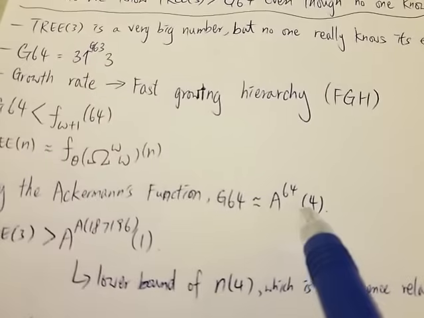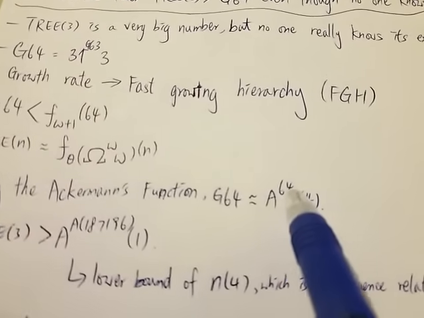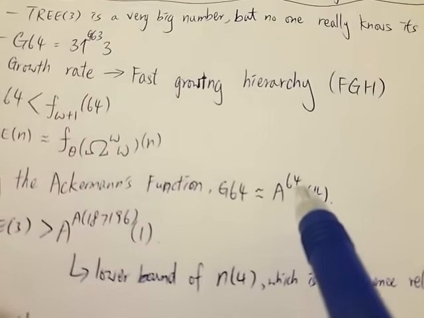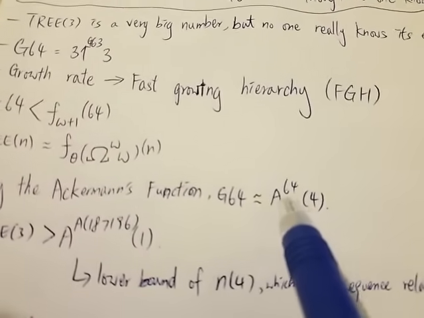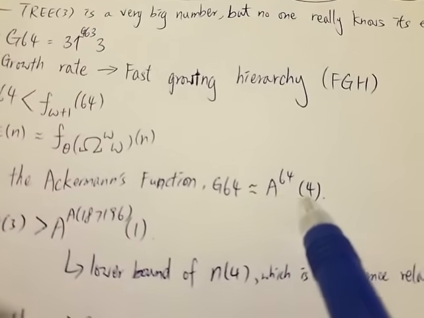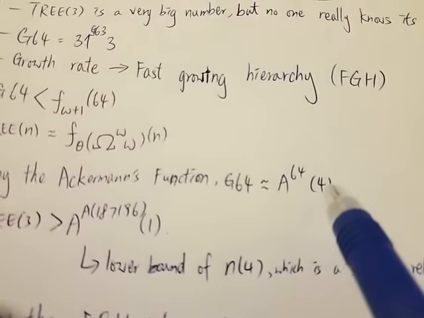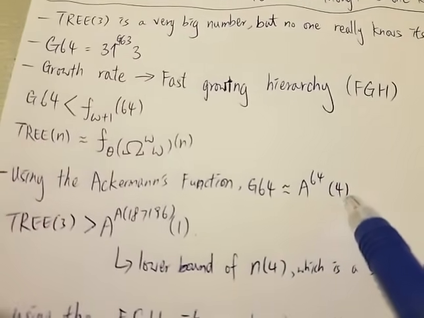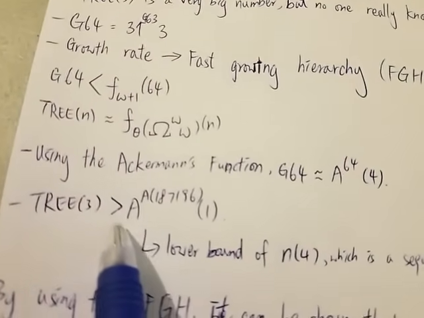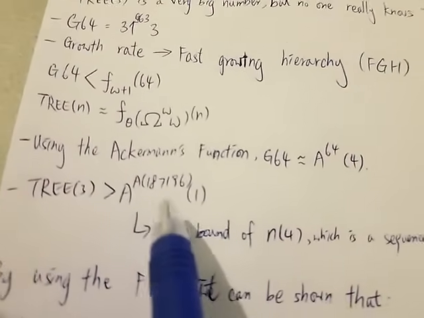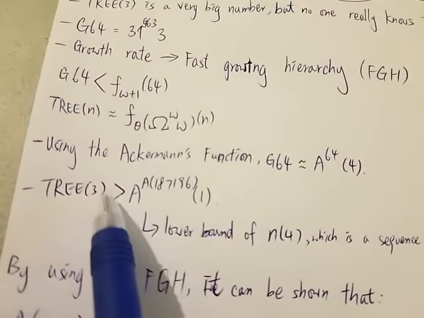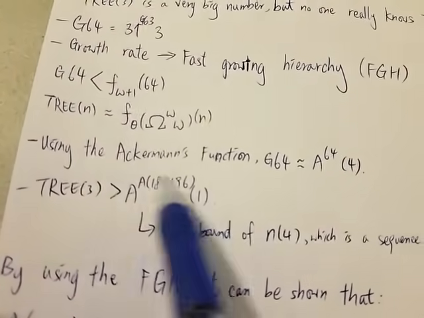This thing kind of means the Ackermann function iterated for 64 times. So it's kind of like A with 64 A's and 4. But for TREE(3), it can be shown that it's much bigger than this thing over here.